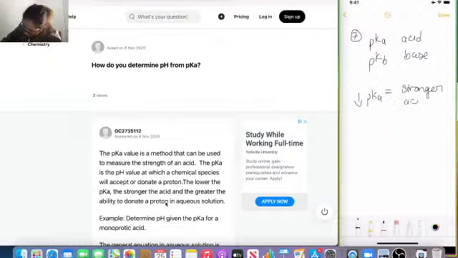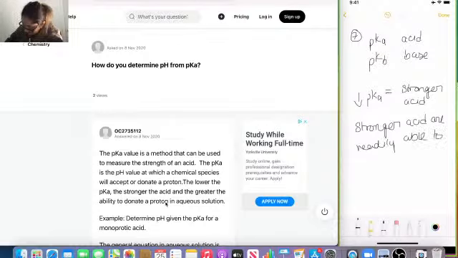Stronger acid, so it is able to donate a proton. Acids are readily able to donate their proton, which is H plus.